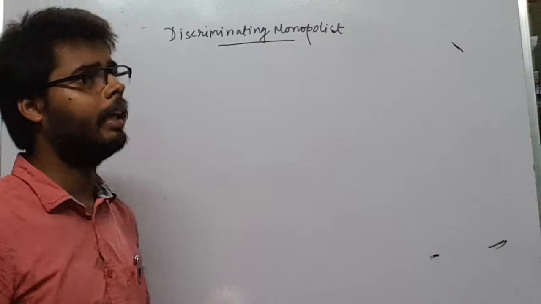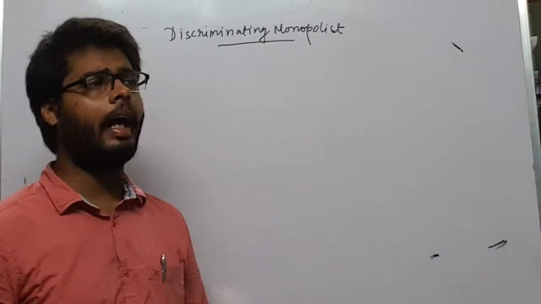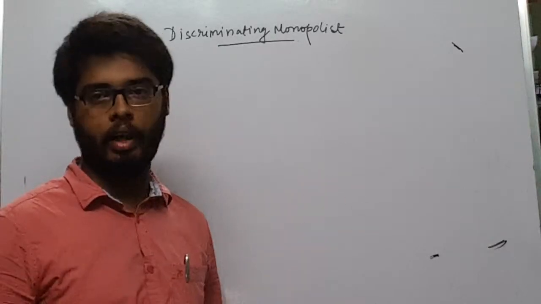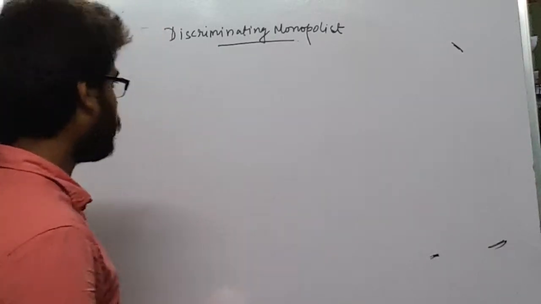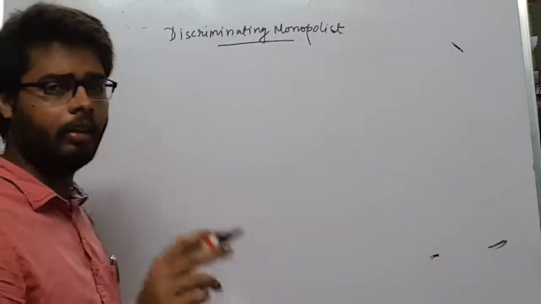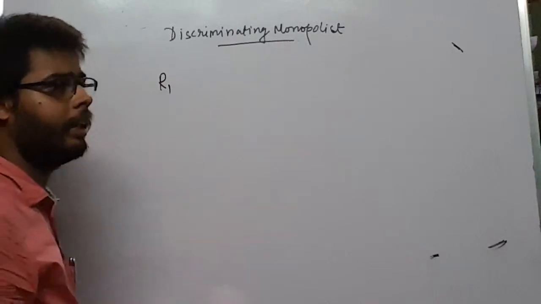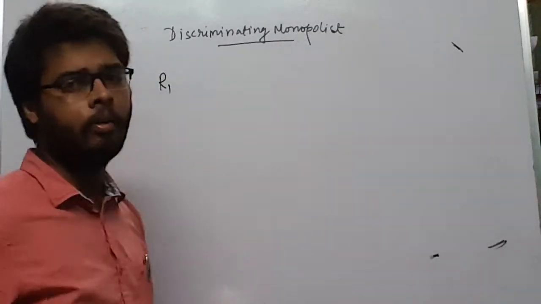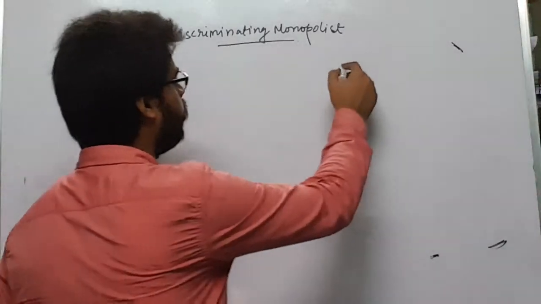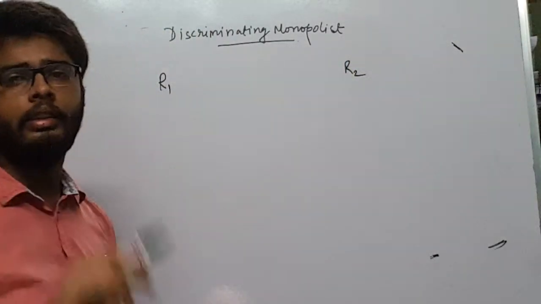We will consider that a monopolist is producing a good and selling it in two different markets, market 1 and market 2. First we will consider the revenue. Let R1 be the revenue the monopolist generates by selling his product in the first market, and R2 the revenue from the second market.